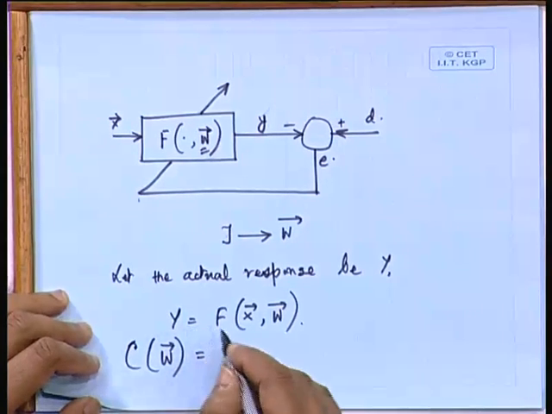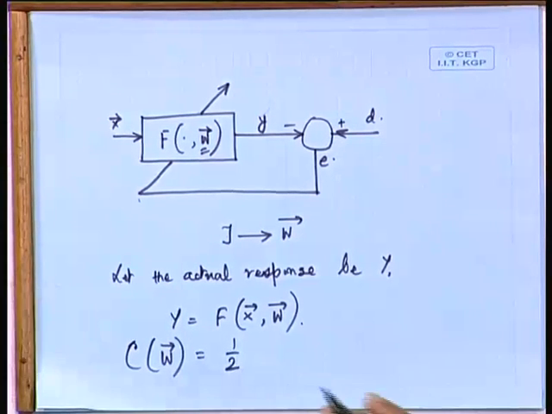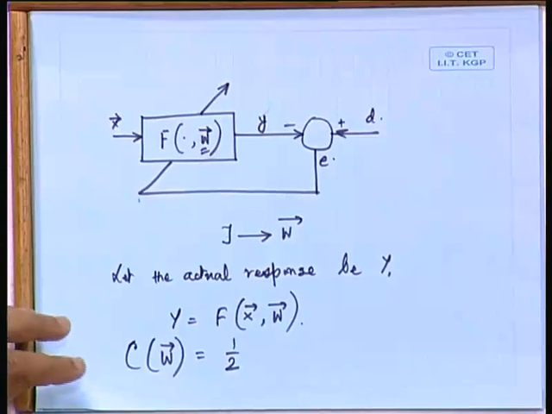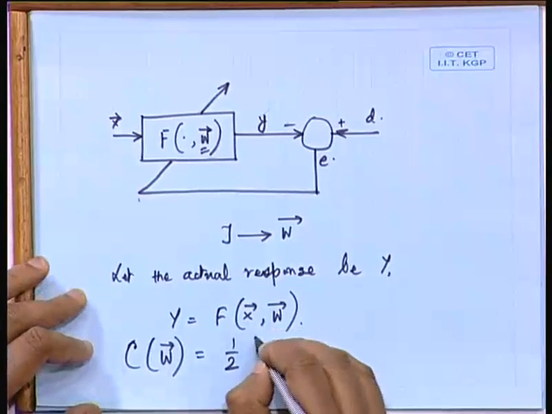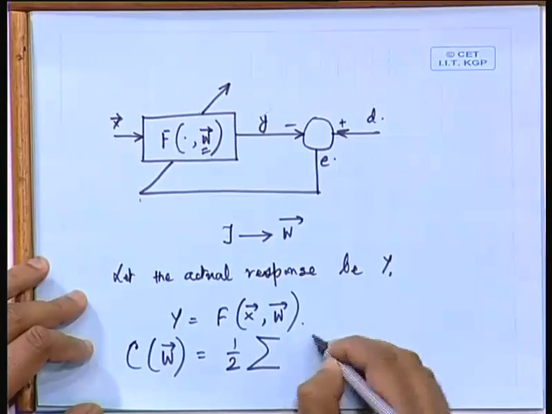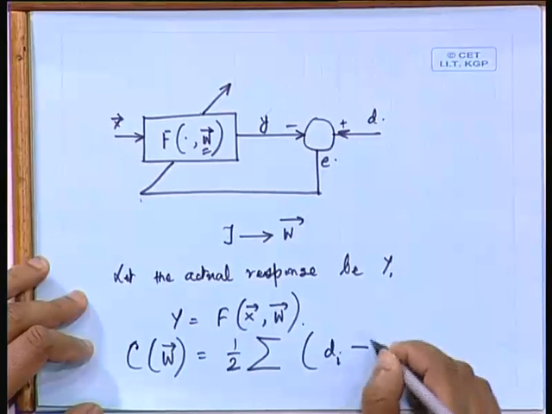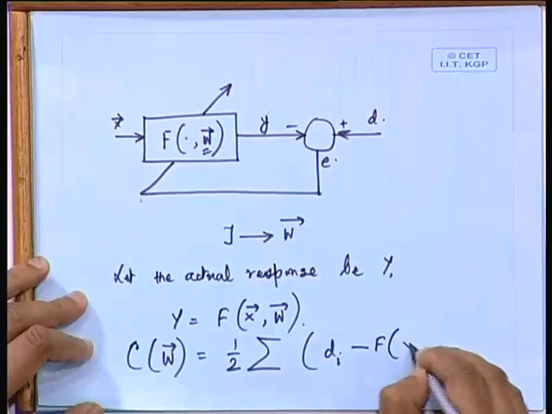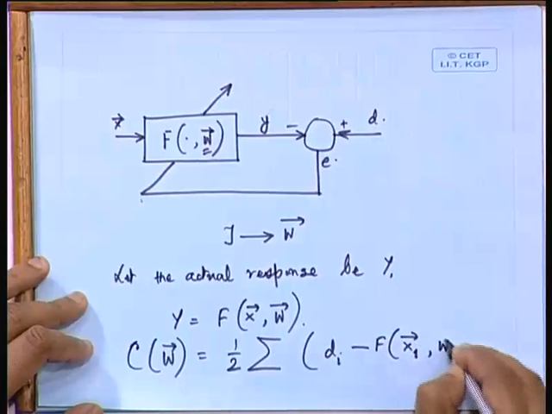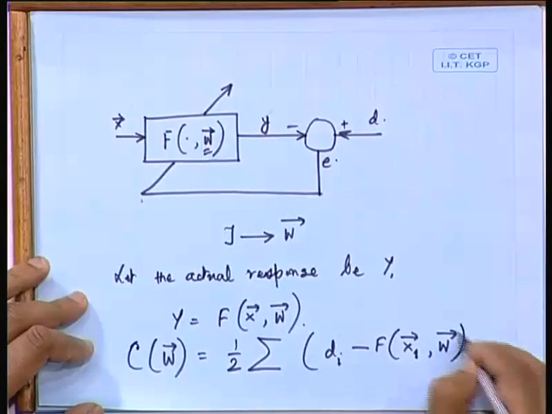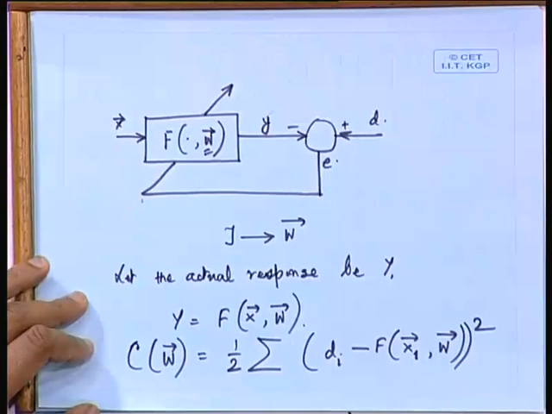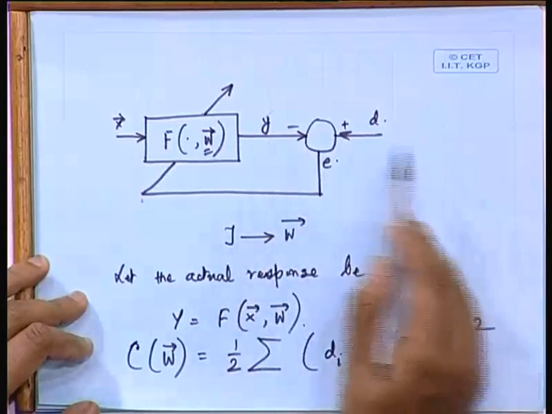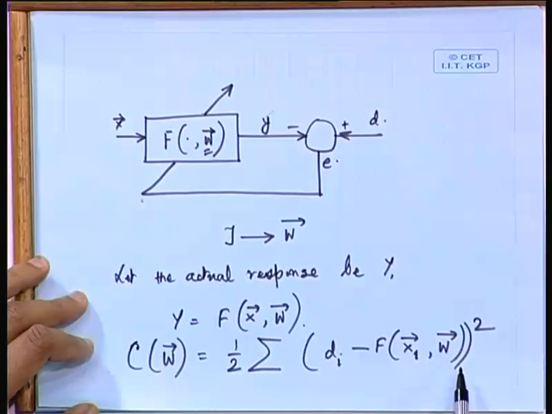C as a function of W is written as half, and you remember it is only for mathematical convenience that we use this half, times the summation of di minus f of xi vector comma w, squared. That means the sum of all the squared errors. And the sum is computed over what? What is the limit of the summation?